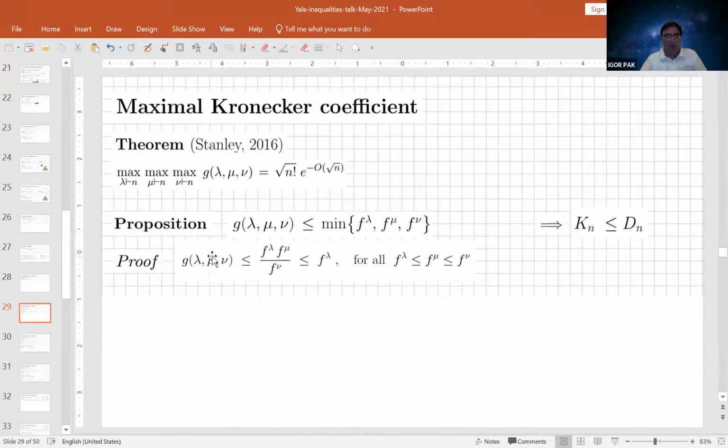The way you prove it is by realizing that the Kronecker coefficient is bounded by a product of dimension divided by another dimension, because you take the tensor product of two representations and write it in terms of the third. But because of the symmetry, you can always multiply the smaller and divide by the larger. When you do that, you conclude that Kronecker coefficients are bounded from above by the smallest one.